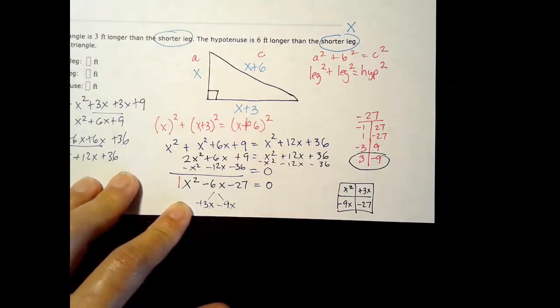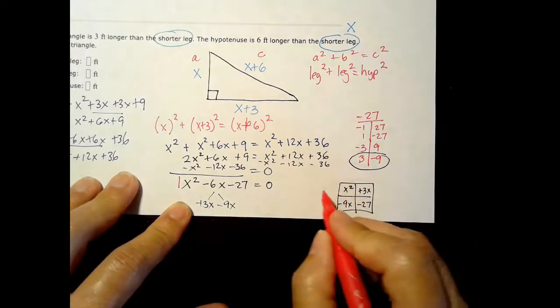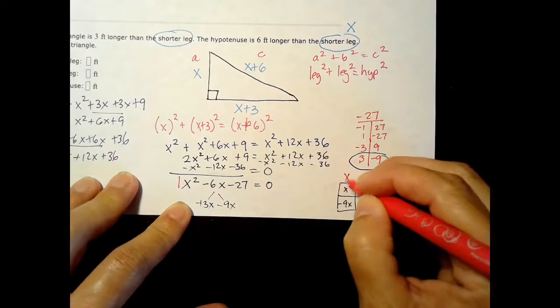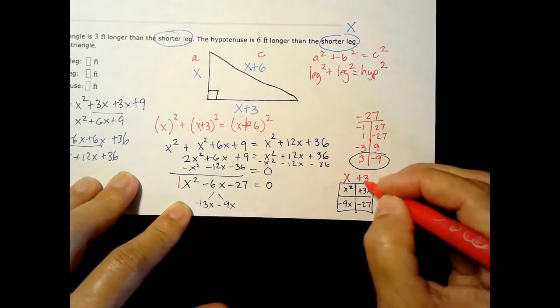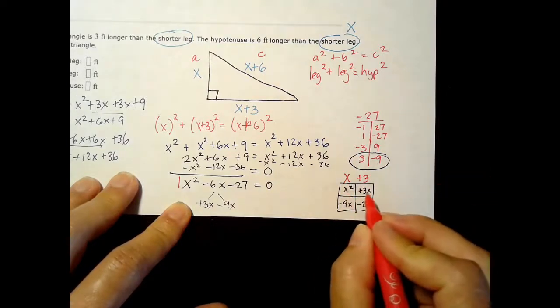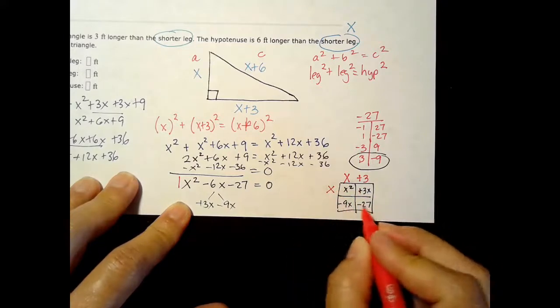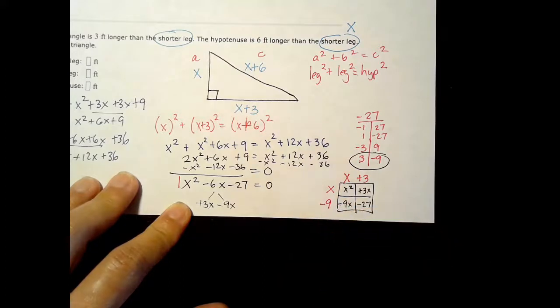Okay, so now we just look for what they have in common. Remember, column, column, row, row. So these columns have in common an x, and these columns have in common a positive 3. Remember, you take the sign of the first box. These rows have in common an x, and these have in common a 9, but we take the sign of the first box.